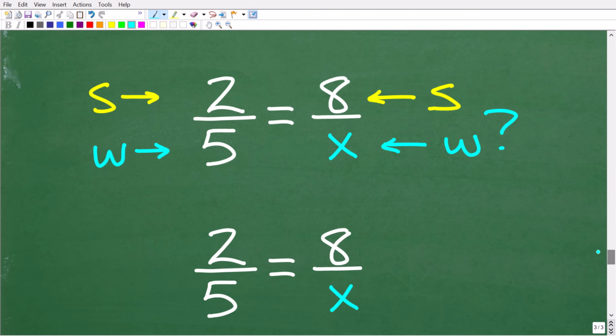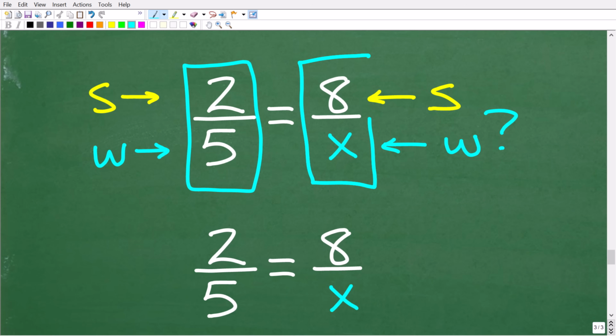All right, so here is our ratio. Now remember, a ratio is a fraction. So by definition, a proportion is two equal fractions or two equal ratios or two equal rates. So here is our ratio. We have 2 parts of sugar to 5 parts of water. And what we want to do is construct a fraction that is in proportion to this ratio, okay?